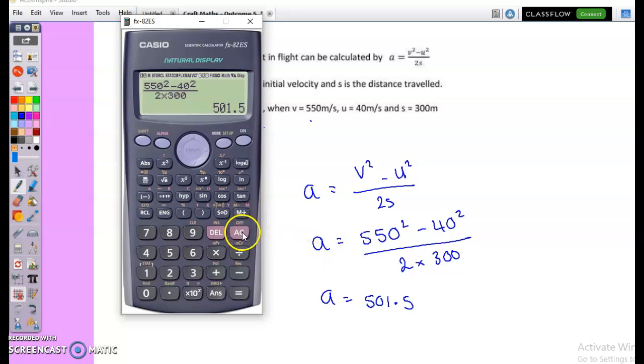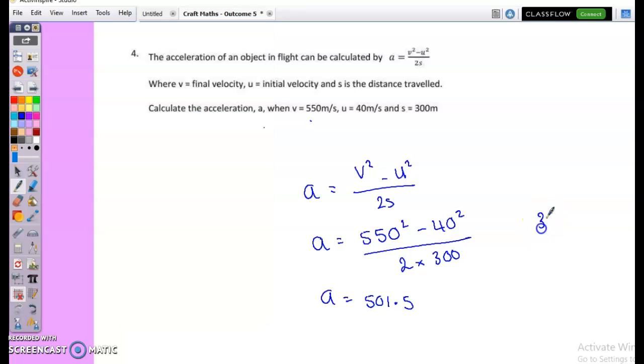Again, if you don't have that scientific calculator, do your top line, do your bottom line. So if you don't even have a square button, 550 times 550 gets you 302,500. Take away 40 squared, it's 1,600. Divided by 600, do your top line, then you divide by your bottom line.